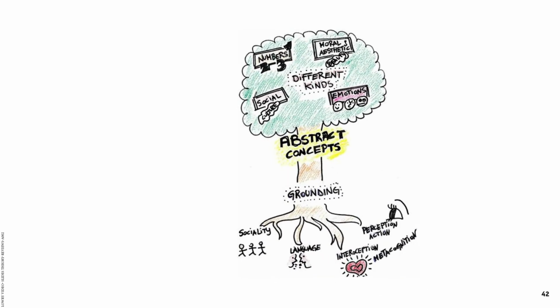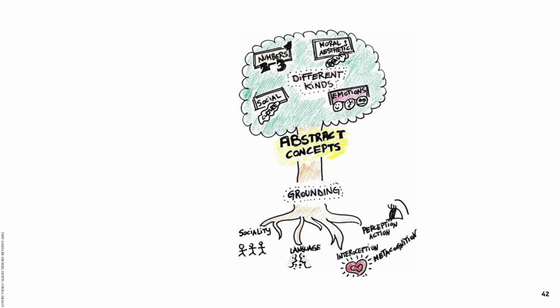But before moving to constructs, I want to give you a couple of examples and representations of ways to think about abstract concepts. So this is a really nice illustration where there's examples of different kinds of concepts. So numbers are concepts, or moral aesthetics, or sociality, or emotions.